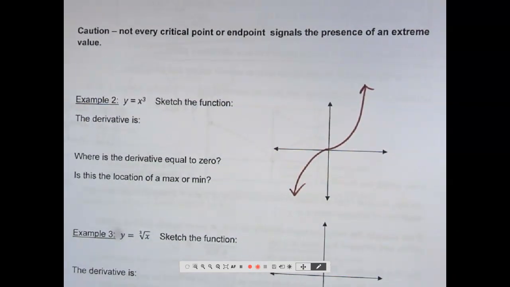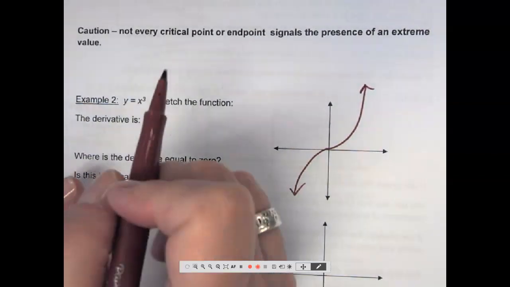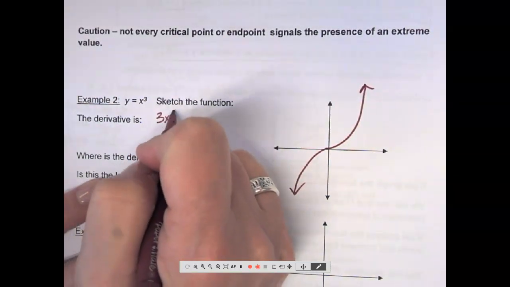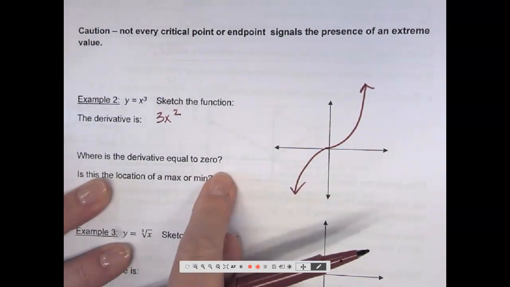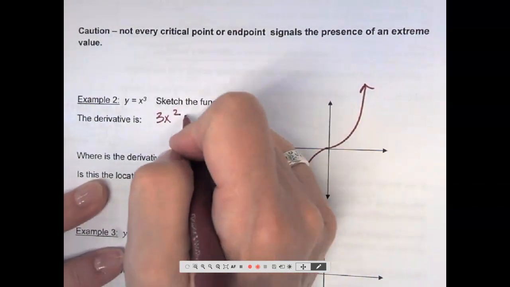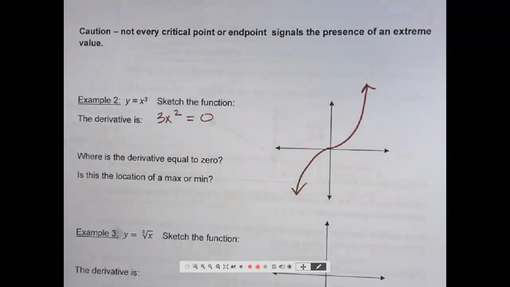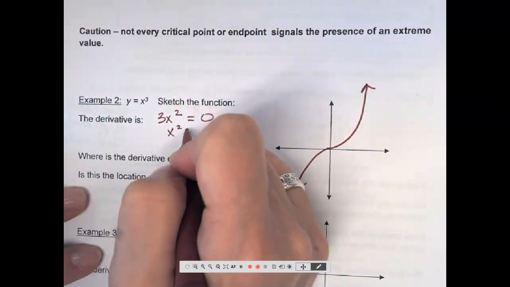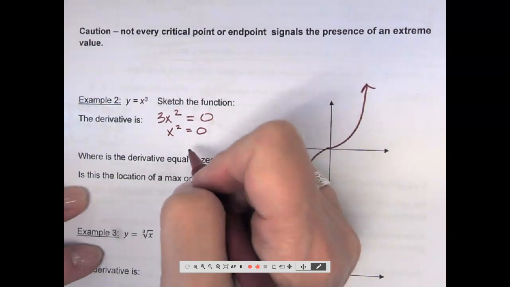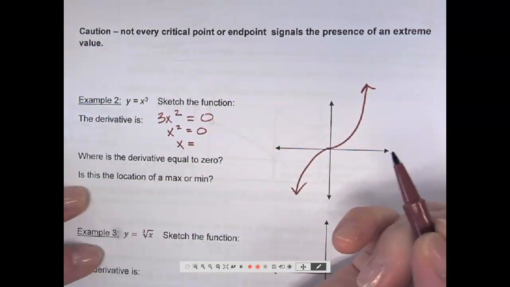Okay, what is our derivative? 3x squared. I want to know where this is equal to 0. Well, let's set it equal to 0. Divide by 3. Square root. What do you get? Do I need plus or minus?